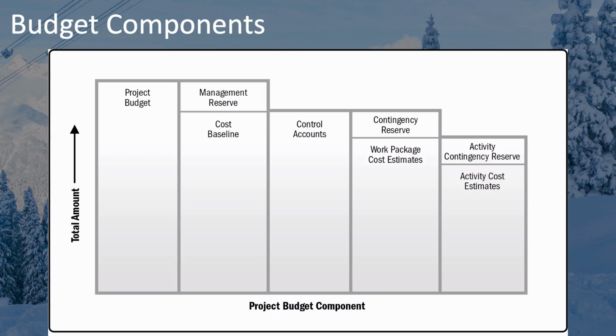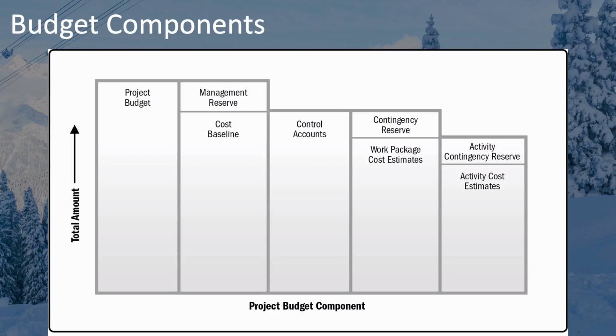Two or more work packages are grouped together in the WBS and are known as control accounts. And it's at these points in the WBS that you decide ahead of time that you're going to measure performance on both cost and schedule. These control accounts then combine to form the entire scope of work for the project, and that forms your cost baseline.